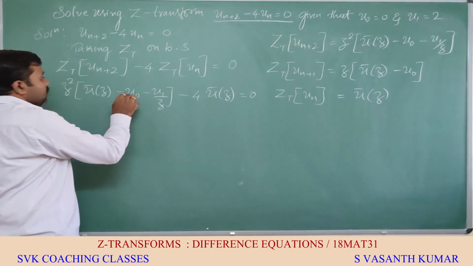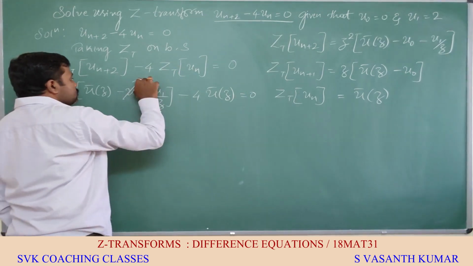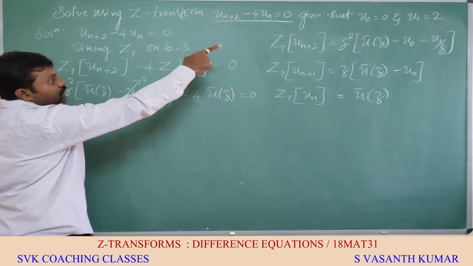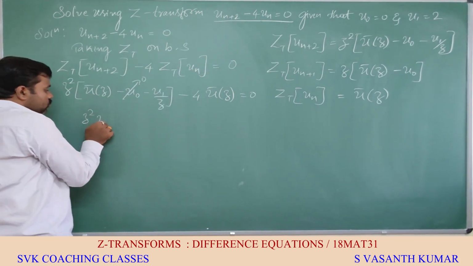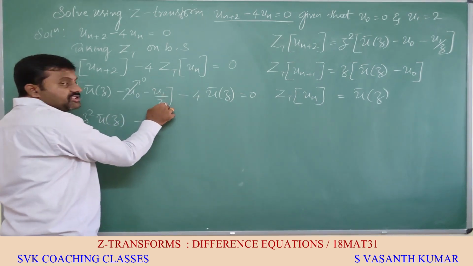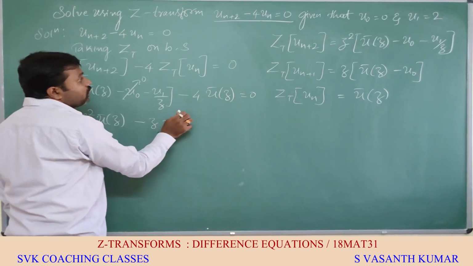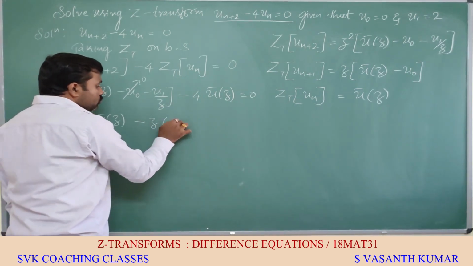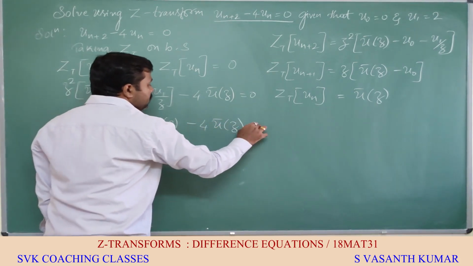Next, they have given u0 value is 0 and u1 value is 2. So multiplying z square inside, z square into u bar of z minus z square by z will be z into u1 value, that is 2, minus 4 times u bar of z equal to 0.